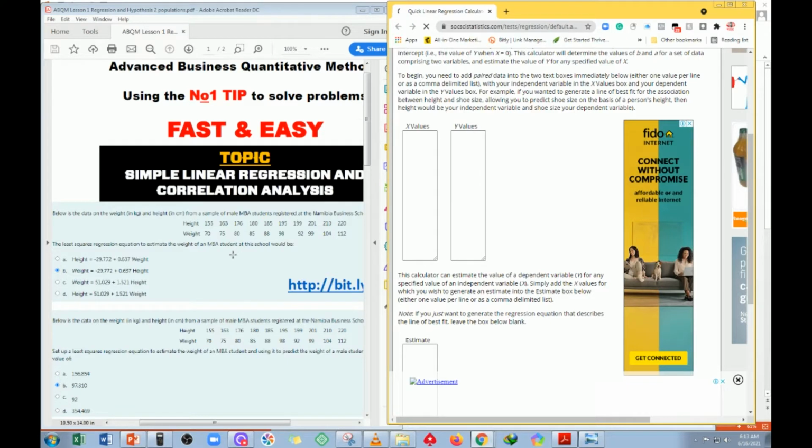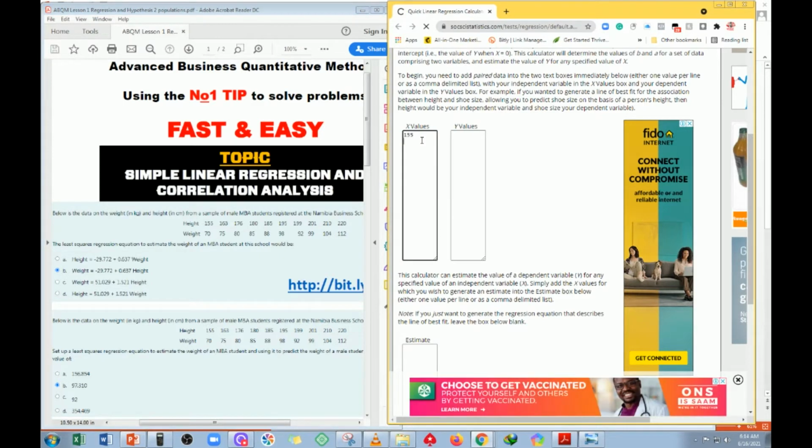So what you simply come and do is you want the x values here, you want the y values here. As you can see, the least squares regression equation to estimate weight. So if you want to estimate weight, it means weight is the y variable. So weight should come under y and height should come under x. So we simply come, start typing 155, press enter, 163.